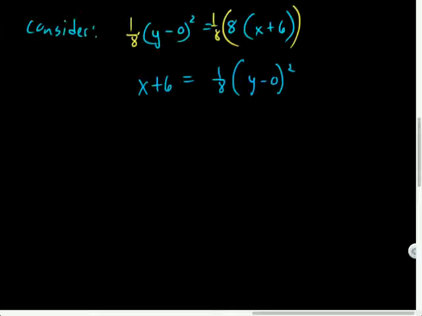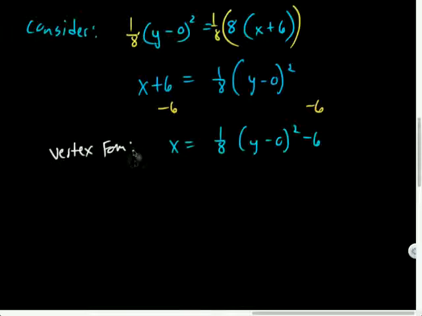And then I could subtract 6 from both sides. So I get x = 1/8 (y - 0)^2 - 6. So here's now vertex form. And that means that the value of A was equal to 1/8.